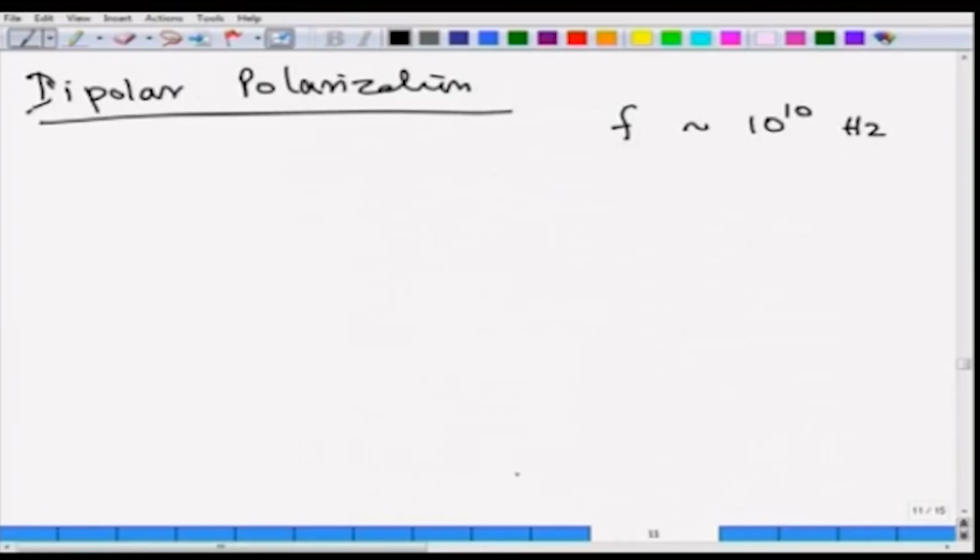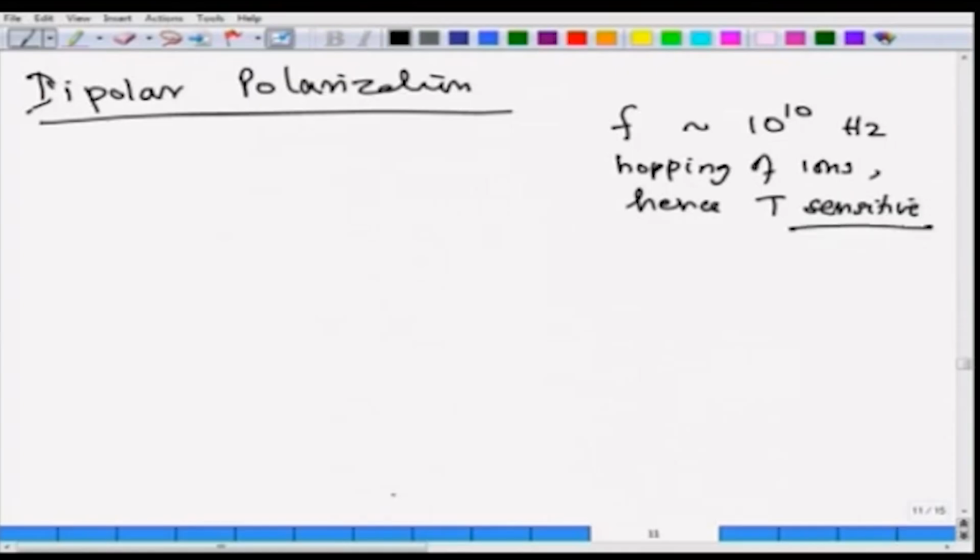This is the frequency up to which it is able to operate, and there is hopping of charges, hopping of ions, hence it is temperature sensitive. This is a very temperature sensitive mechanism, which we see in some non-linear dielectrics. We will see this mechanism playing an important role.